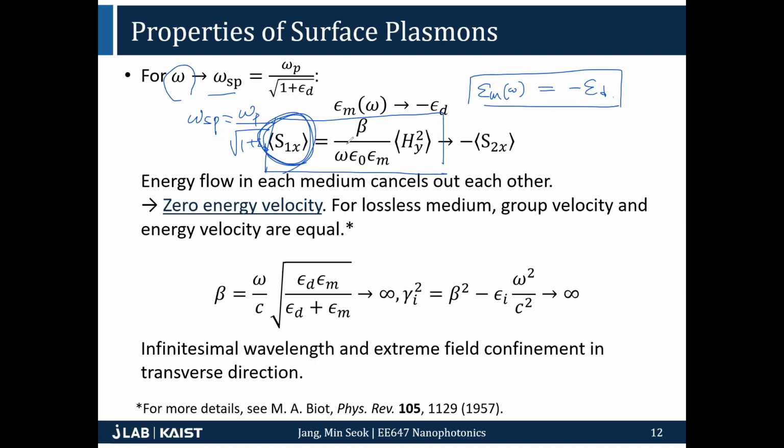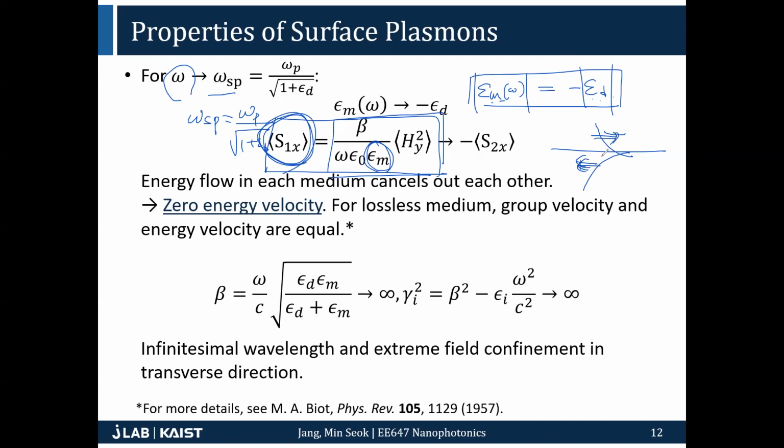And in this condition, interestingly, if you calculate the Poynting vector, as I said, the Poynting vector can be written like this. Because epsilon m and epsilon d have exactly the same magnitude but different sign, at this condition the power flow in the metal and the power flow in the dielectric are exactly the same, but in the opposite direction.